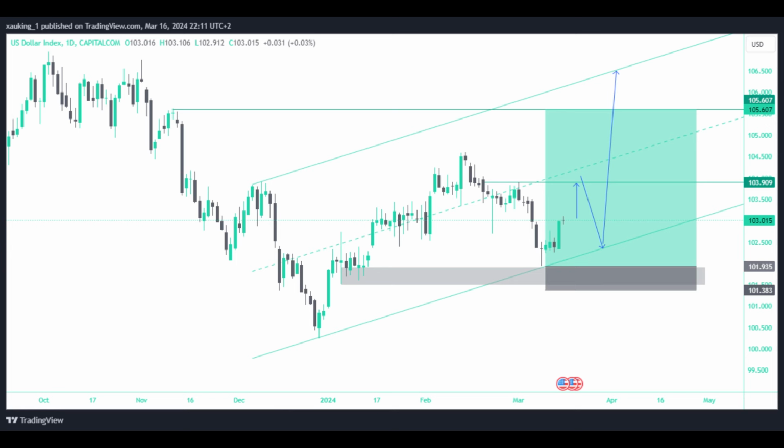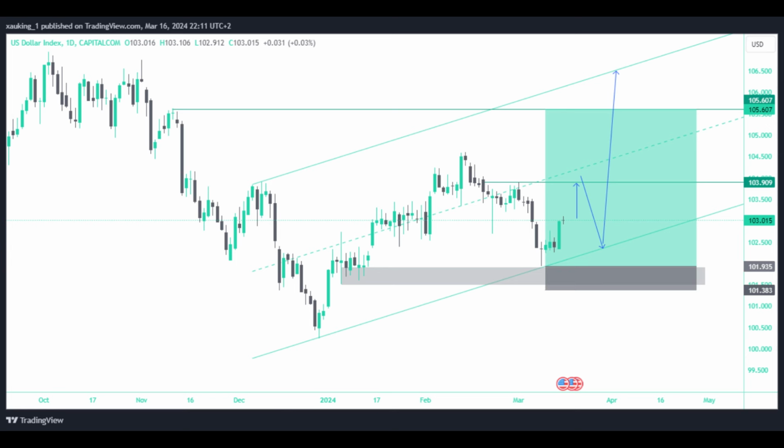The reason why I'm conducting this technical analysis and looking at DXY in particular is because I am looking at DXY as an indicator. It serves as an indicator for gold especially. So when DXY is going up, gold goes down. This is because they have a negative correlation.